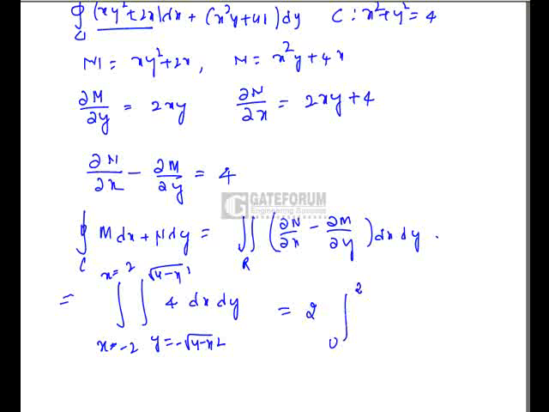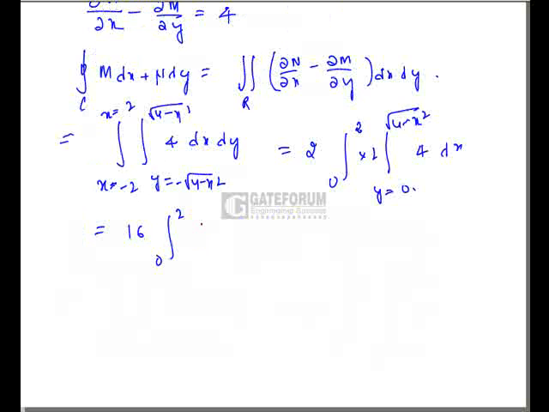so I can write this first integral as 2 into the integral 0 to 2, and the second as y equals 0 to root over 4 minus x square, into 4 dx, into 2, one more 2 here, which will be nothing but 16 into the integral 0 to 2 of root over 4 minus x square dx.